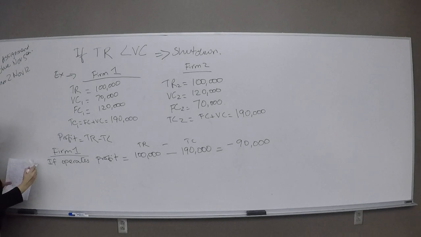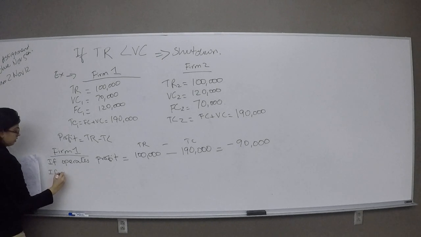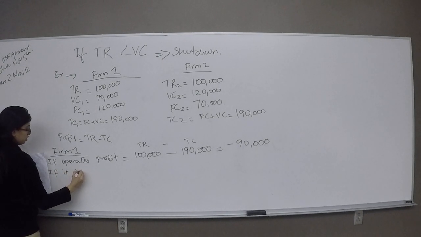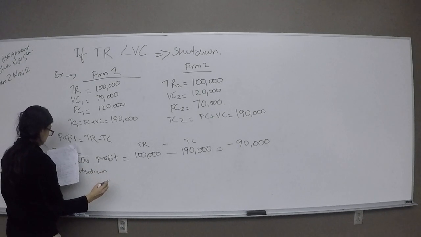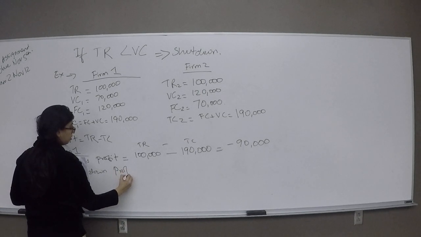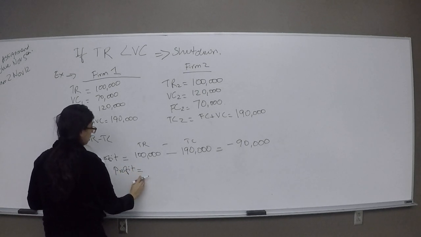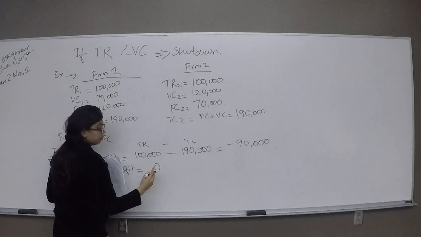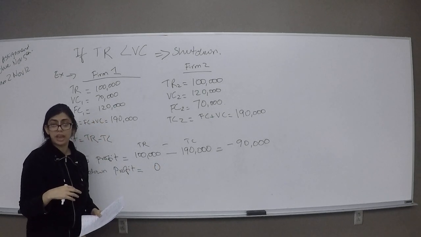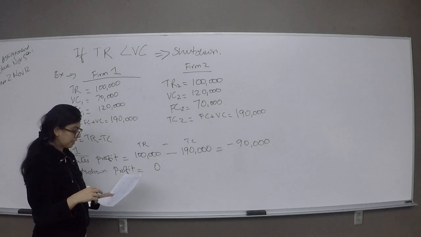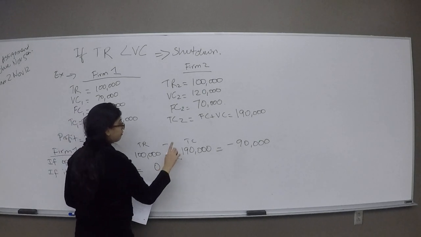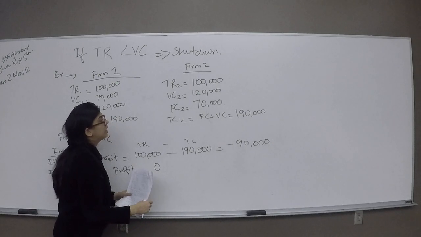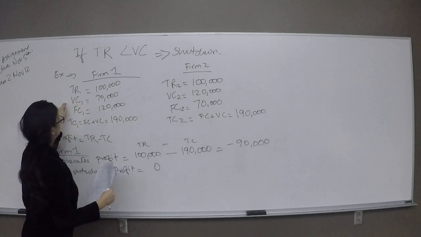If it shuts down, the profit would equal total revenue, which would be 0 because there won't be any money coming in, right? Total cost would be just your fixed cost because you're not operating, so you won't have a variable cost.